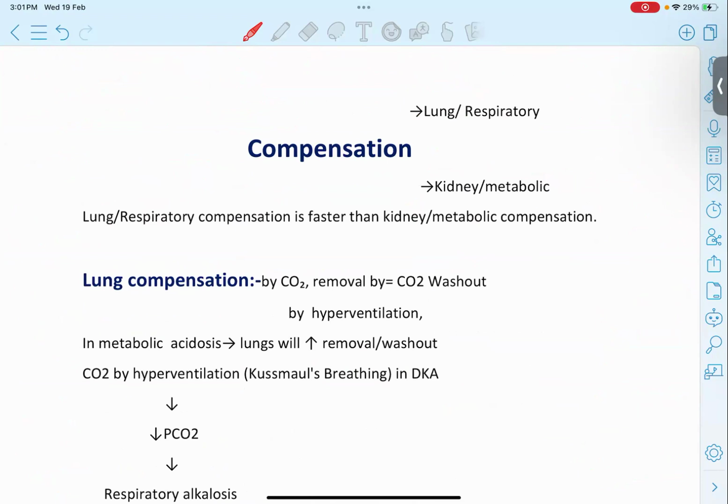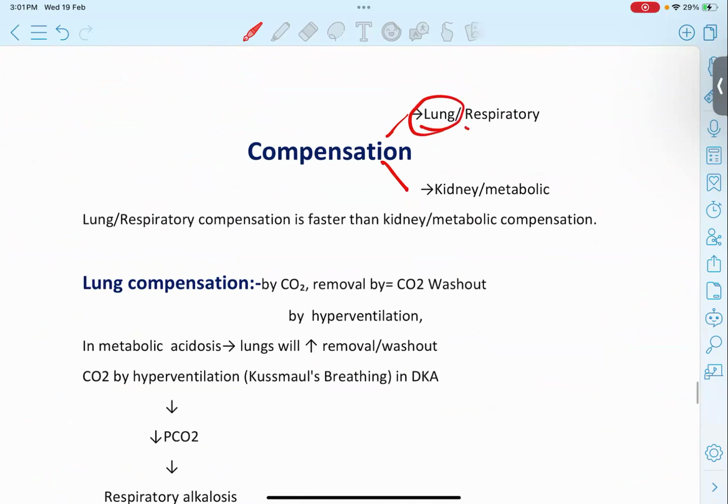Now the compensation, I have already mentioned. If the compensation is by the lung, then it is called respiratory. If the compensation is by the kidney, then it is called metabolic.